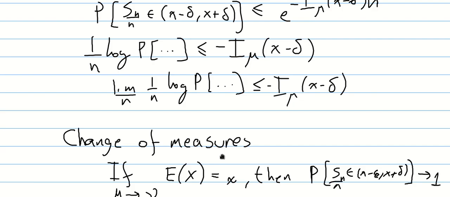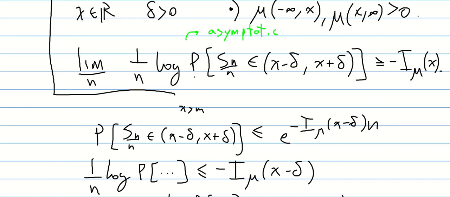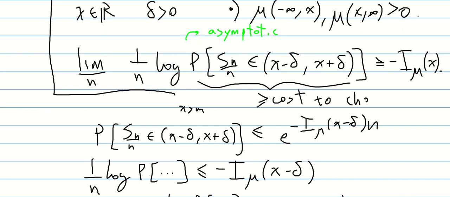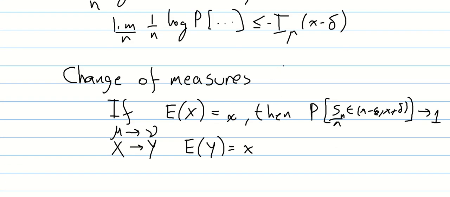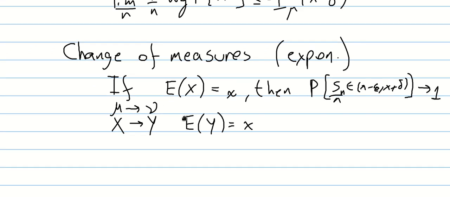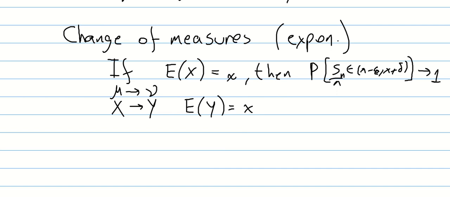So this probability is going to be lower bounded by the cost to change measures. And this is going to be exactly this. This is the magic of this proof, because we're going to use a change of measure that is very specific. It's exponential. I'm going to explain this in the proof, but this is the idea. And let's start with the proof itself.